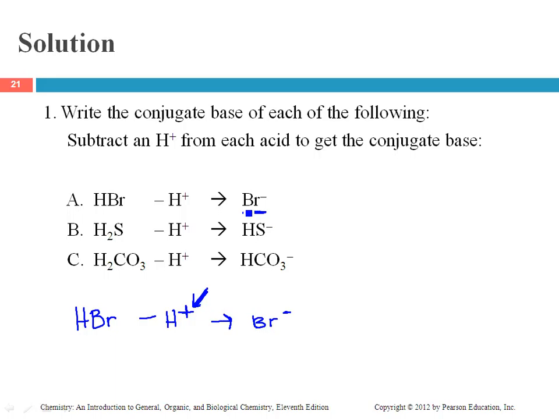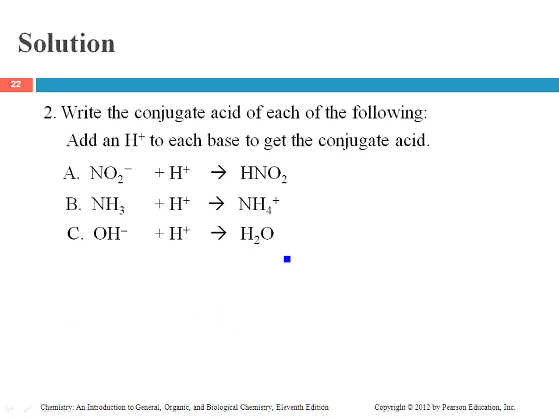And if we lose a hydrogen here, we're going to end up with one less hydrogen and a negative charge on our sulfur. And then we have our carbonic acid again here, and it's going to lose one hydrogen. So here we had 2, now we have 1, and a negative charge as well. So if it's neutral and it loses a positive charge, it's going to become negative.